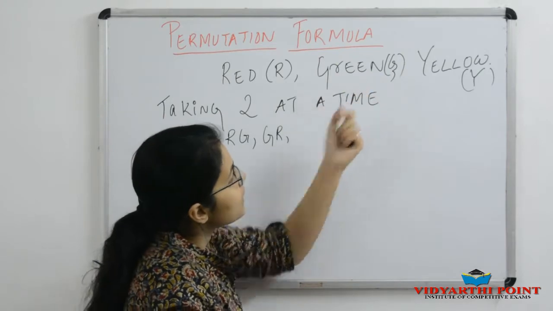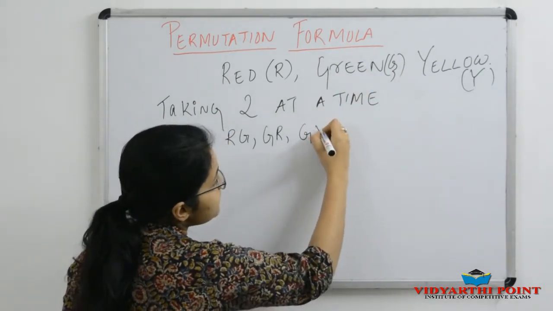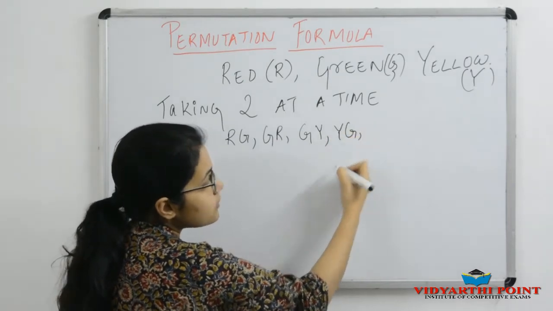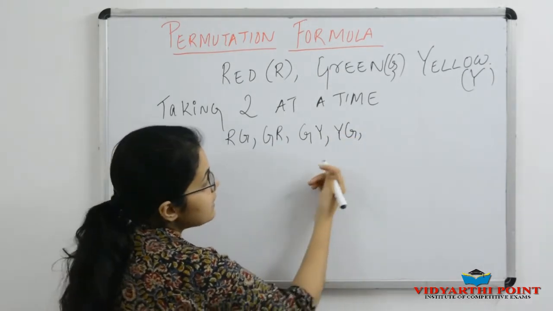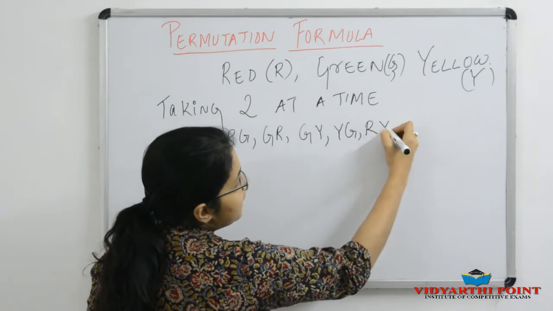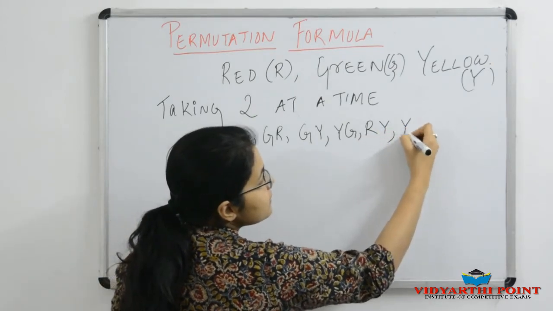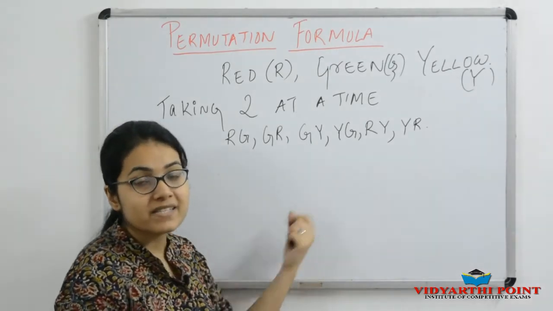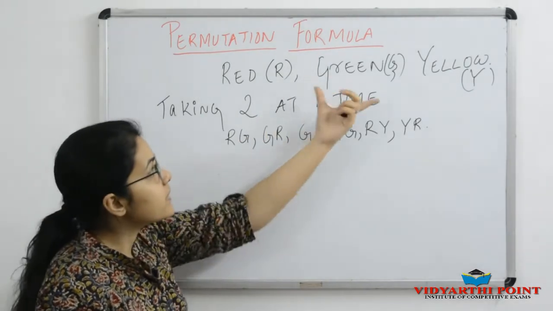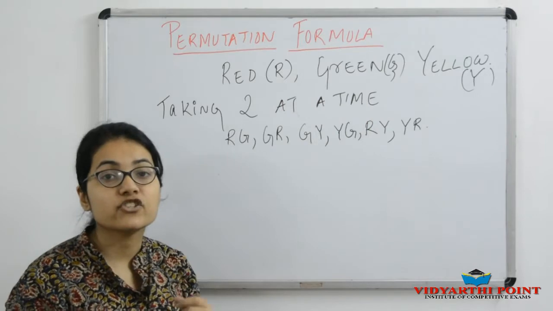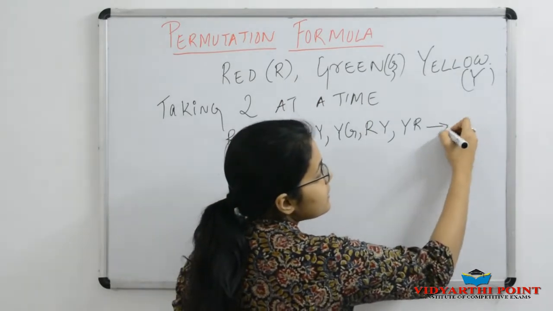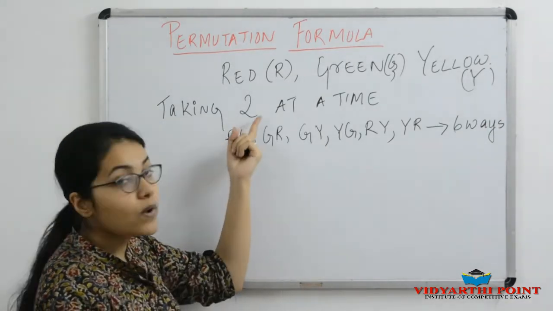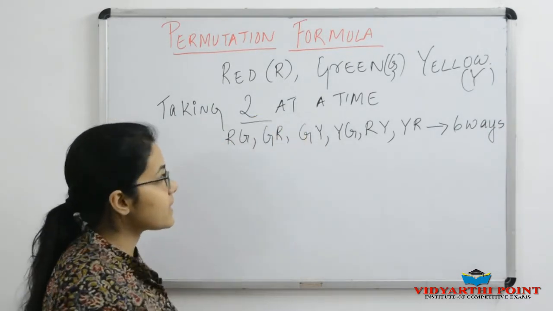Now green and yellow. Again let us change the order, yellow and green. We got another arrangement. Next red and yellow, again yellow and red. So here we have six types of arrangement, that is, these three balls can be arranged in six ways when we take two at a time.